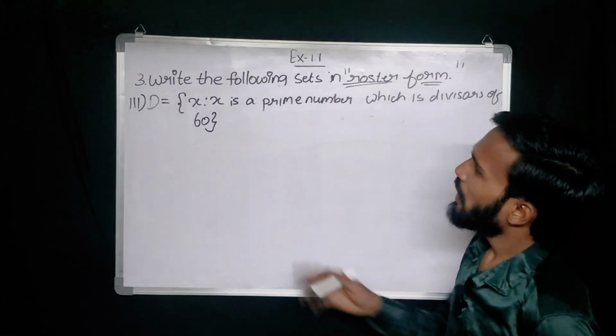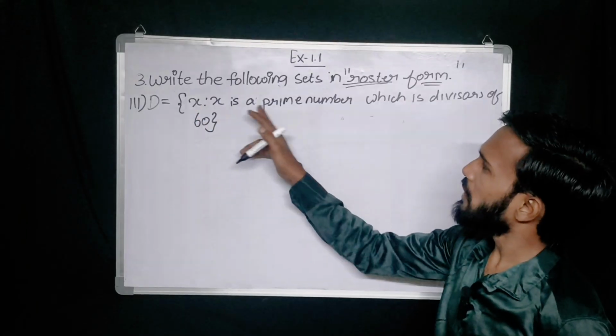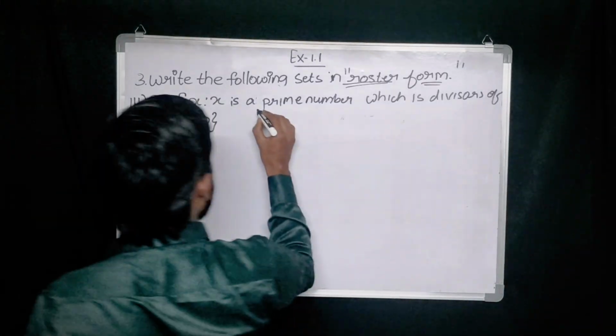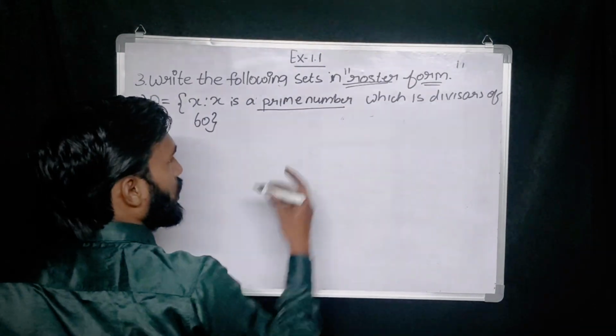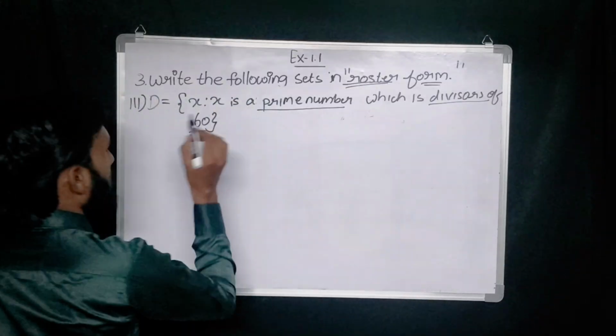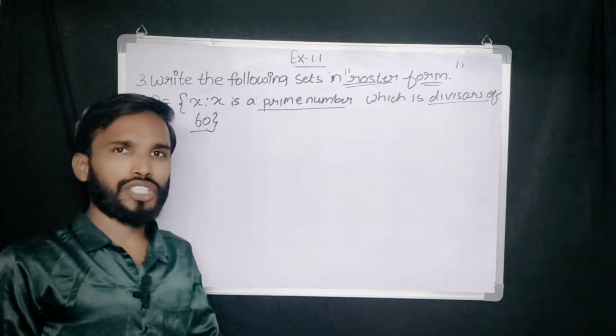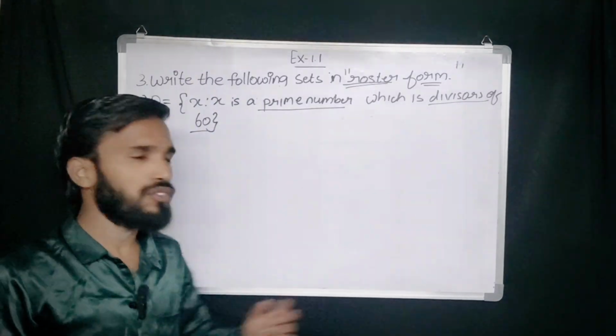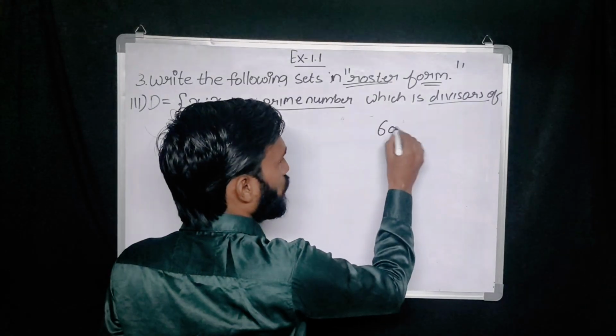For all x such that x is a prime number which is a divisor of 60. Divisors of 60 means the factors of 60. So write the factors of 60.